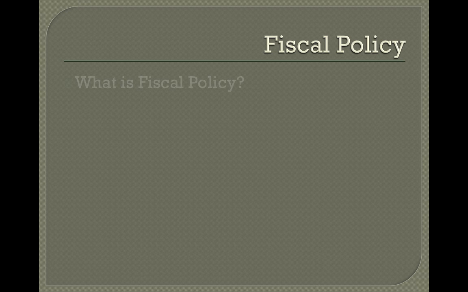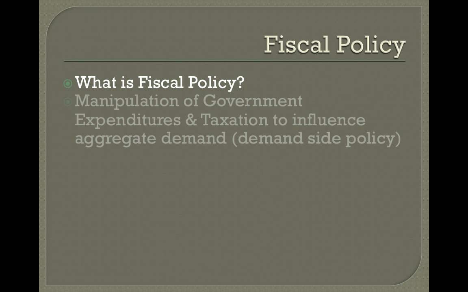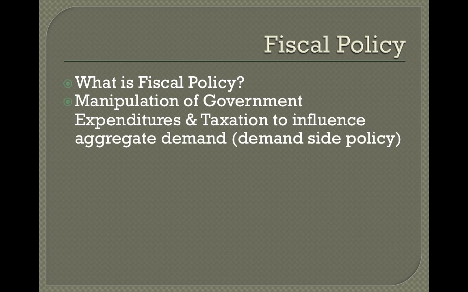Fiscal policy. What is it? Well, you probably know that it has something to do with the government. And if you thought that, you were right. Basically, it's defined as the manipulation of government expenditures and taxation to influence aggregate demand. It is also known as a demand-side policy.